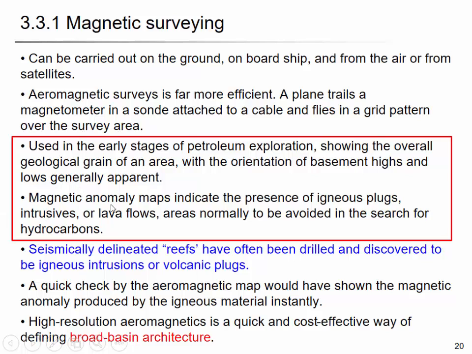And magnetic anomaly maps indicate the presence of igneous plugs, intrusives, and lava flows, areas normally to be avoided in the search for hydrocarbons. And seismically delineated rifts have often been drilled and discovered to be igneous intrusions or volcanic plugs.